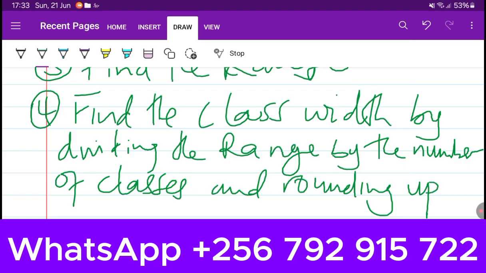You will understand when we are doing computations. But you have seen the reason why we first determine the classes: to find the class width, you divide by the number of classes that you determined in step 1.